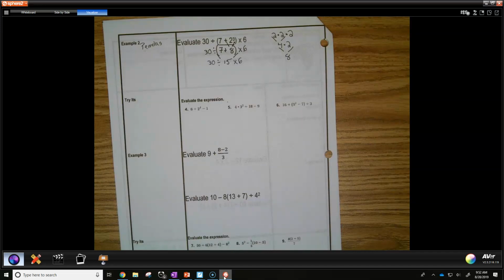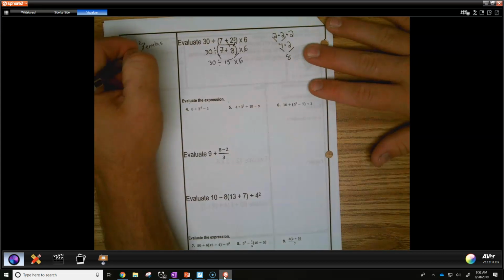Big question. I have 30 divided by 15 times 6. What is my next step? 30 divided by 15. Why do I want to do 30 divided by 15 before I do 15 times 6? Because that's what comes first going left to right.